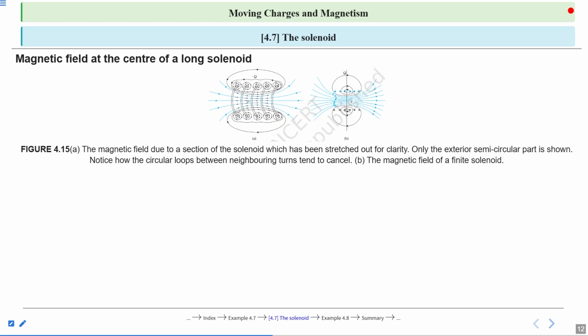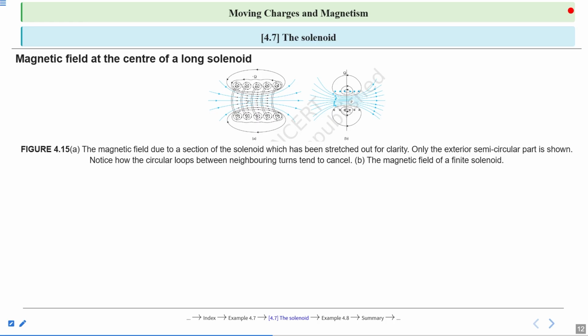Notice how the circular loops, being neighboring turns, tend to cancel. We are going to discuss how the magnetic fields due to neighboring loops cancel out.